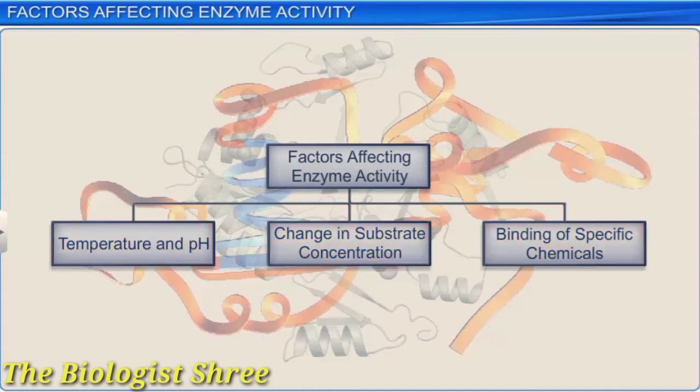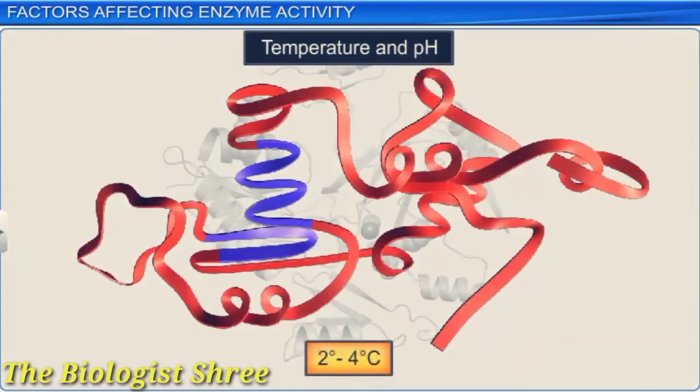Temperature and the pH factor affect the enzyme activity immensely. Typically, enzymes function in a narrow range of temperature and pH. While low temperature preserves the enzyme when it is in a temporarily inactive state, high temperature destroys the activity of enzymes as the proteins get denatured by heat.